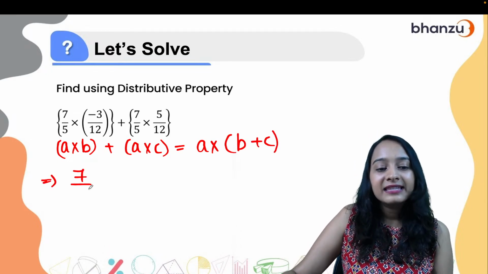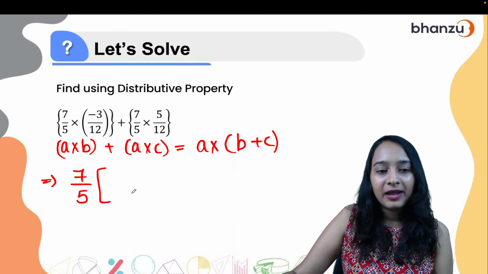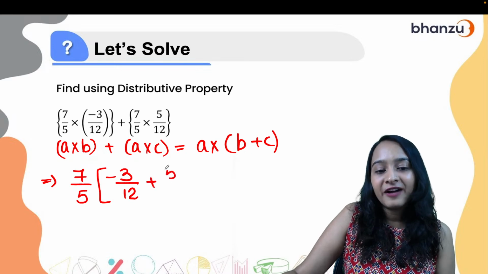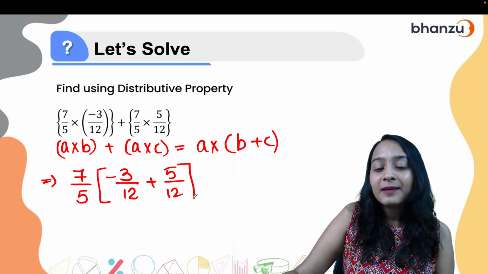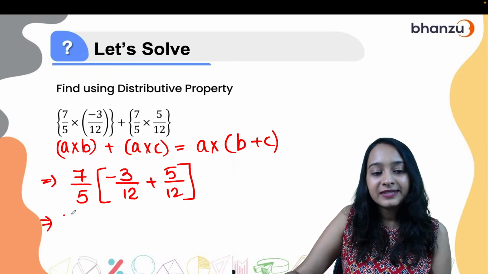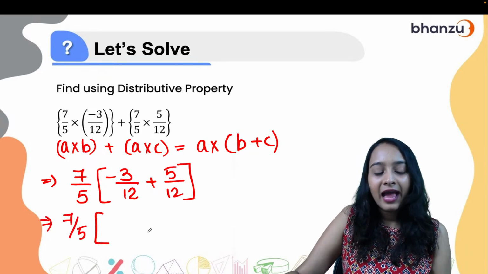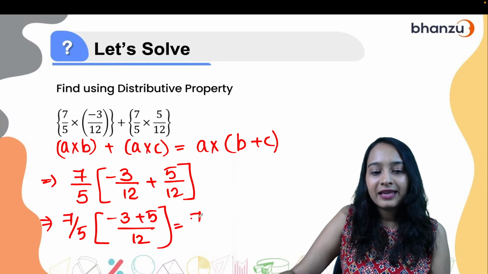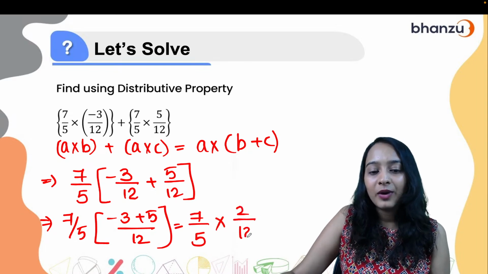I'll write it as 7 by 5 multiplied with minus 3 by 12 plus 5 by 12. So first I'm going to solve whatever is there inside the bracket here. So 7 by 5 and here minus 3 plus 5 by 12. So 7 by 5 multiplied with 2 by 12.